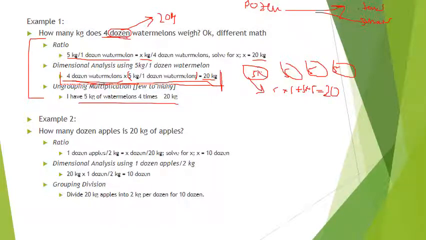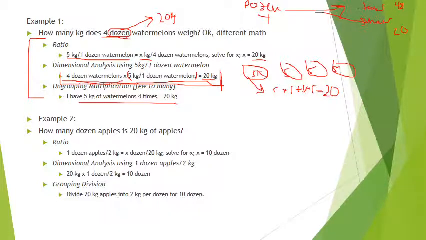So let's say you had 4 dozen, and you want to know how many that is. You do 12 4 times, or 48. Okay, and that's if you want to know amount. And let's say you had 4 dozen, and you want to know how much that weighs. Well, I have to know the mass ratios, and here it's 5. So you do 5 4 times for 20.